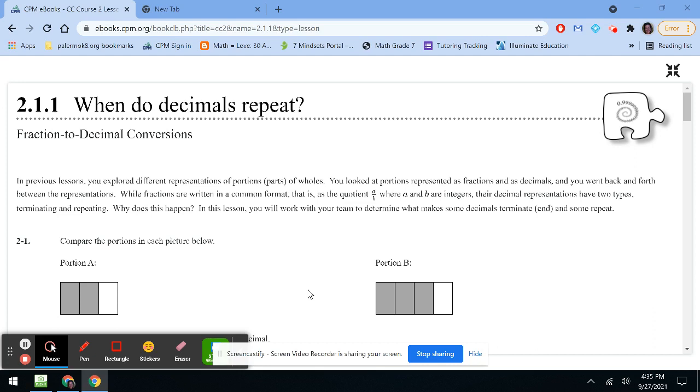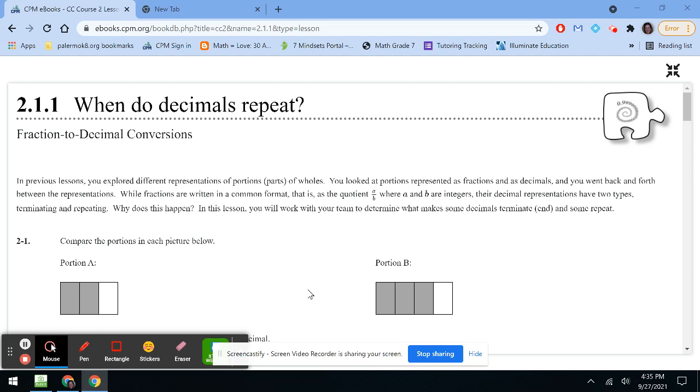And we talked about this, where terminating means that it stops, whereas repeating means that it continues to repeat itself over and over infinitely, never ever stops.